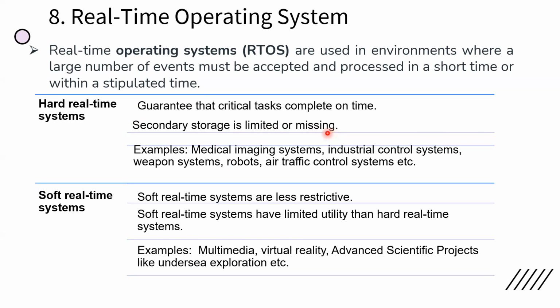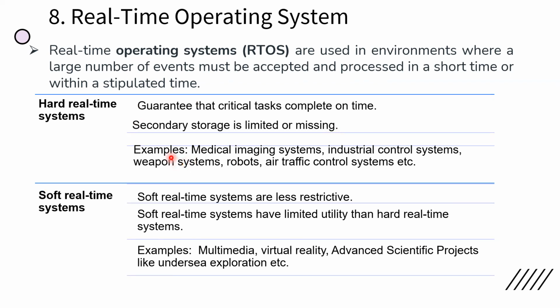There is no need to store the data that is being collected, because the storage and retrieval and processing again consumes more amount of time. So in case of hard real-time systems, the data is stored in the RAM. So it has to be immediately collected and processed. That is why the secondary storage is almost missing.